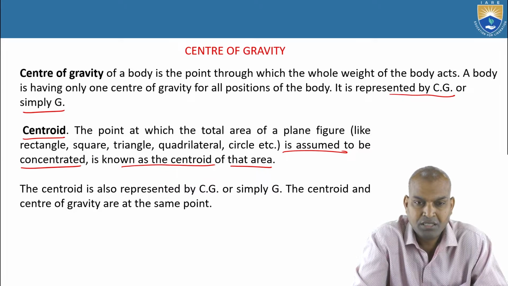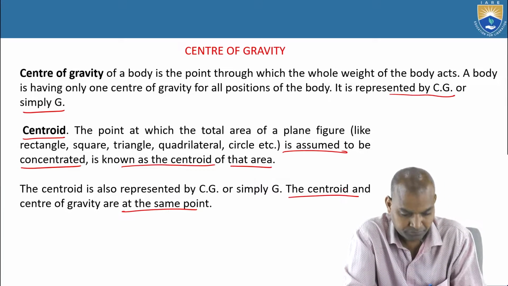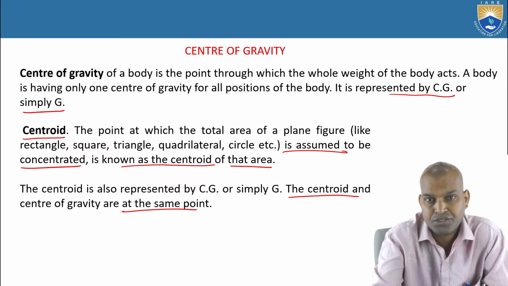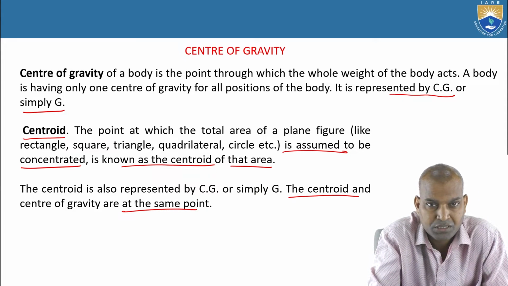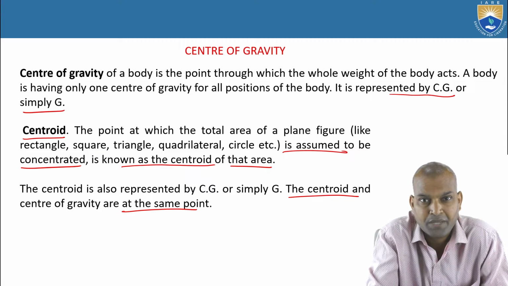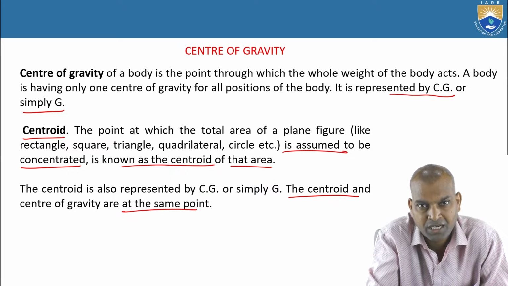The centroid and the center of gravity are at the same point. The definitions of centroid and center of gravity are the same, but the application differs. The point through which the whole weight of the body passes is known as the center of gravity.